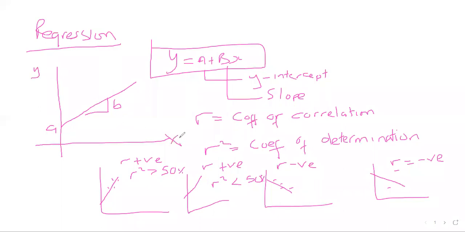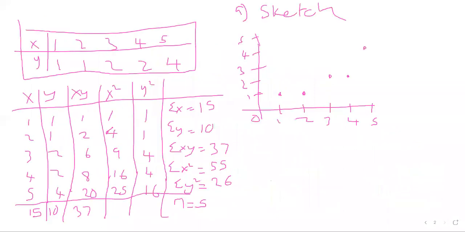So we are now doing a question where we are asked to calculate the regression equation. The first part, sketch. X is usually on the horizontal, then we have Y here. What we did first, by transposing X and Y and multiplying XY, we're multiplying these two columns.